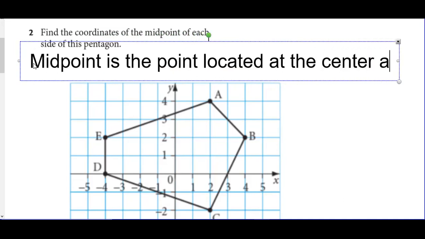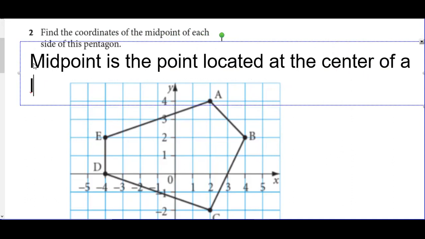Okay, so midpoint is the point located at the center of a line segment. See that? A line segment. So you'll be given a line, and you'll be asked to find the midpoint.